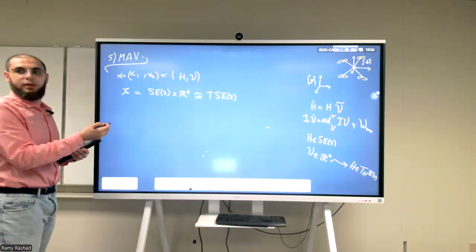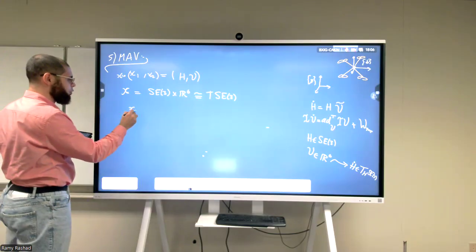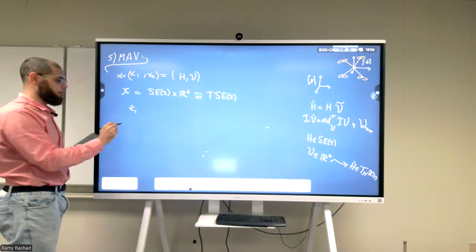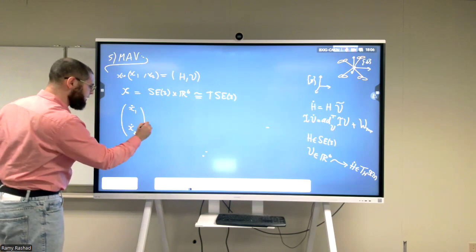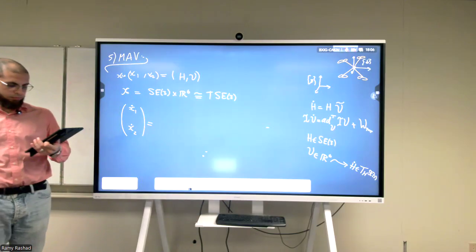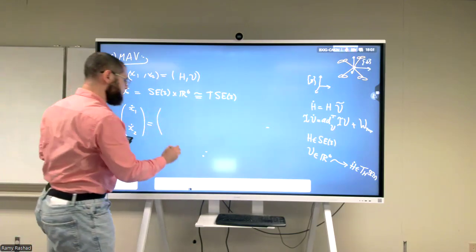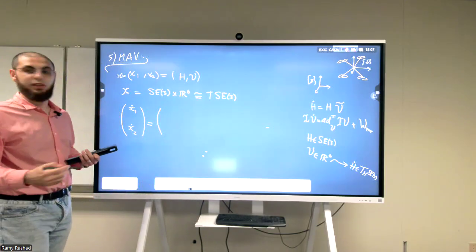And now let's write the state space equation. Let's write x1 dot. Let's leave x1 dot for a bit. Let's write x2 dot first. So what does x2 dot look like? It's v dot.